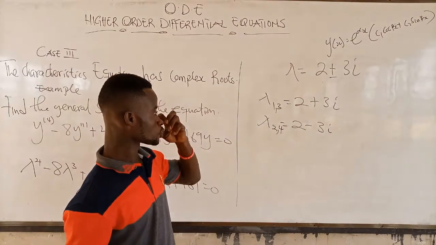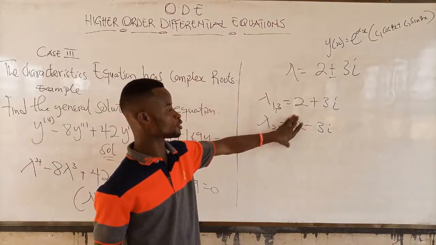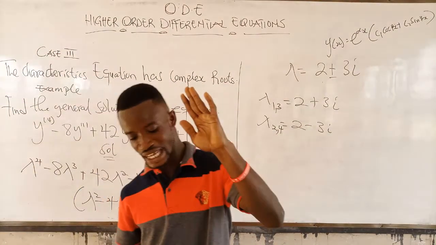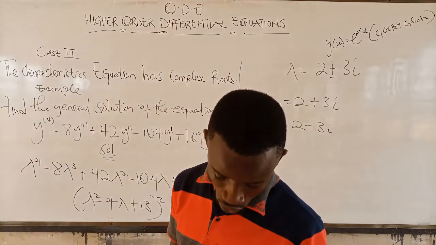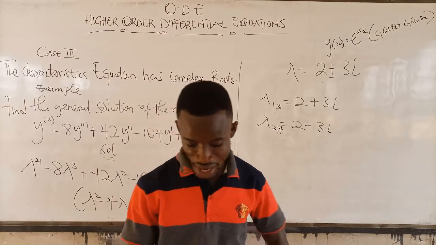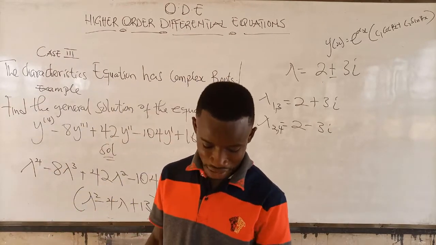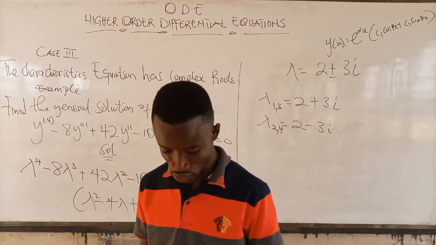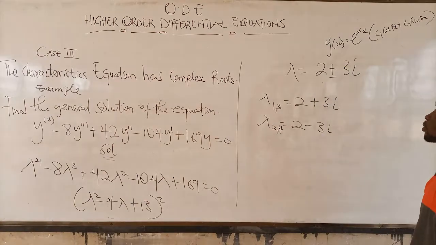Okay? Multiplicity of 2 here, multiplicity of 2 here, getting 4 roots. Very good. Then we can now go and write our general solution.